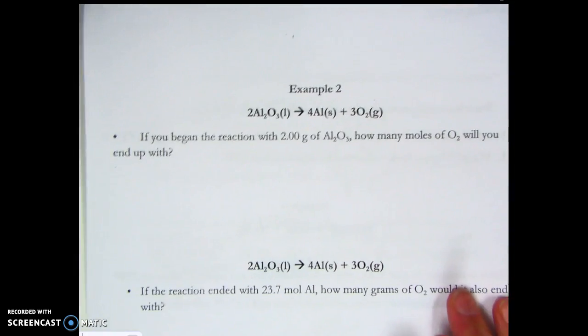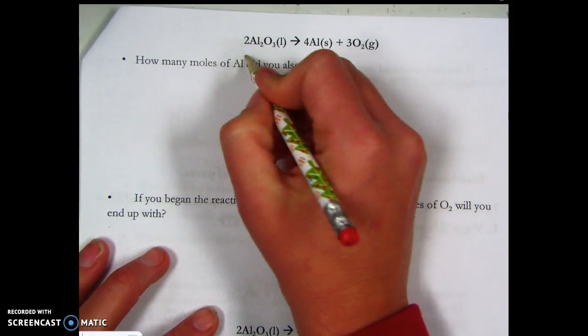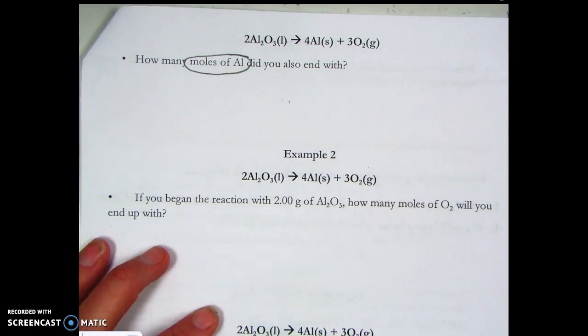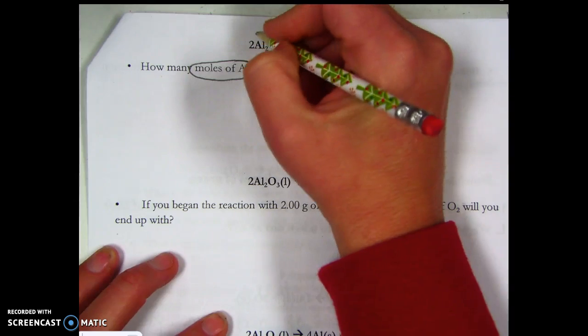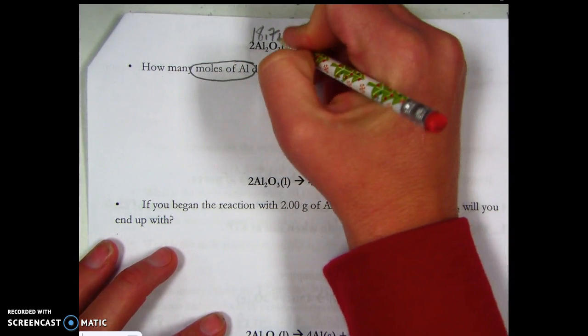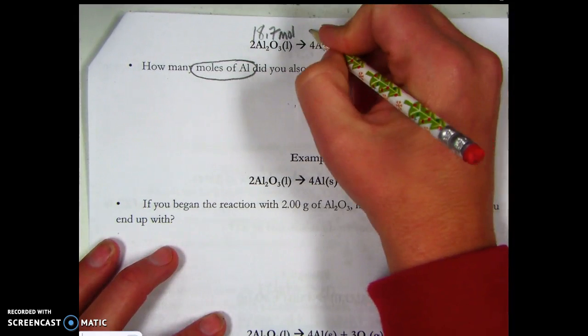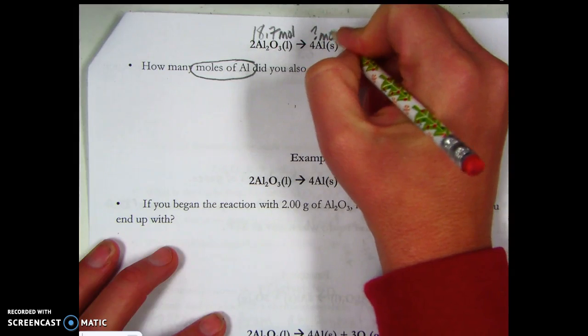Okay. So the next problem says, how many moles of aluminum did you also end with? So we got to have a starting point. Let's use 18.7 moles of aluminum oxide. And we're going to look for question mark moles of aluminum.